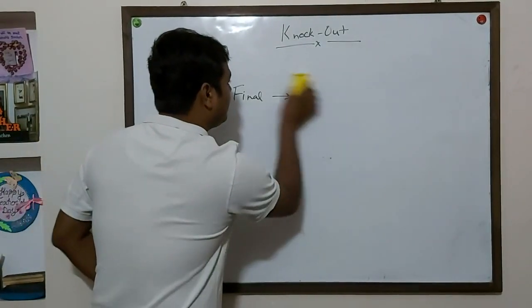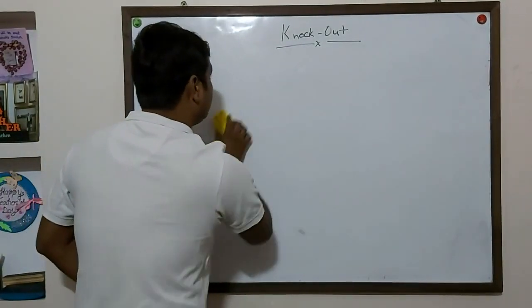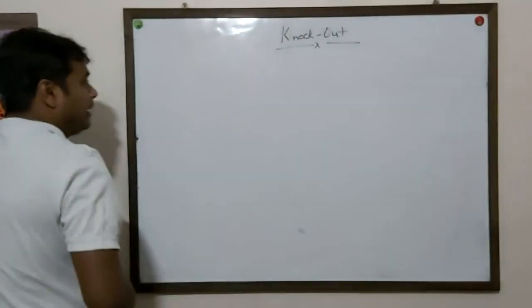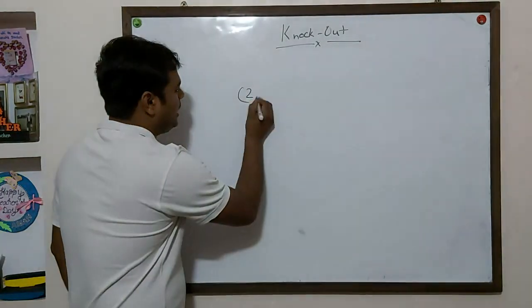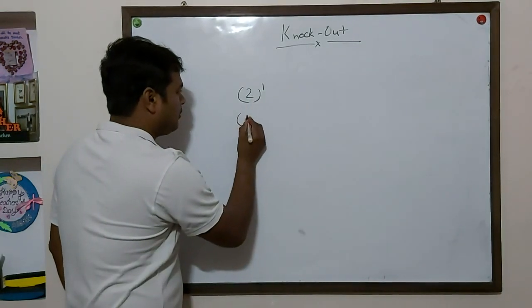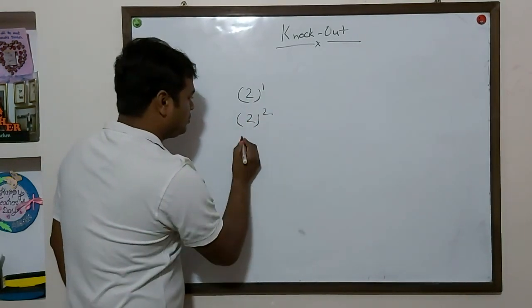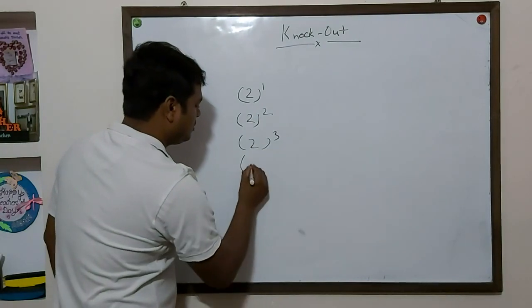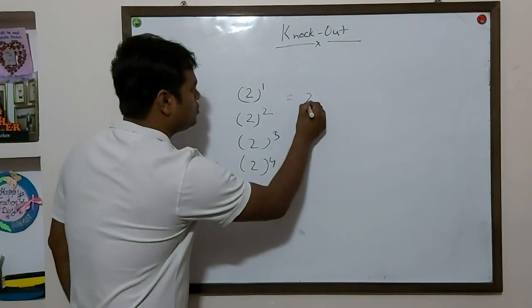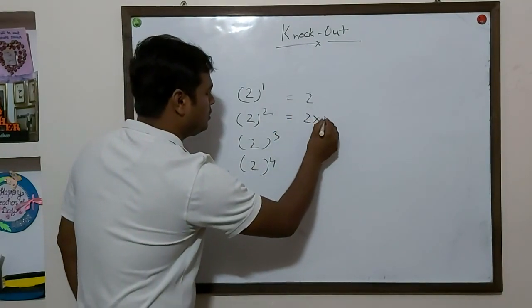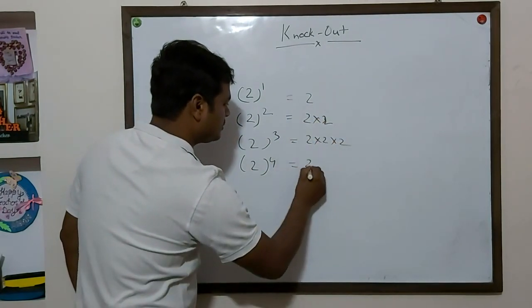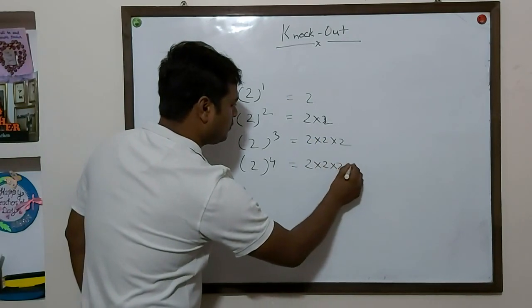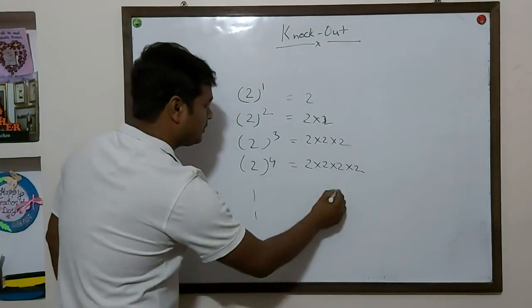For conducting a knockout tournament, we require teams in powers of 2. Powers of 2 means 2 to the power 1, to the power 2, to the power 3, to the power 4, and so on.